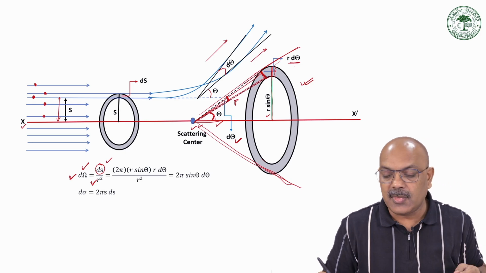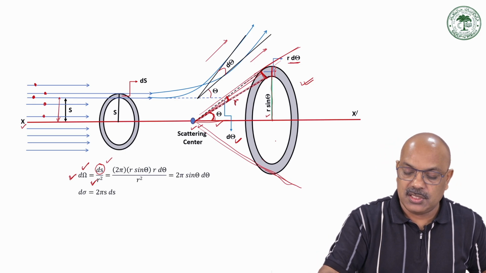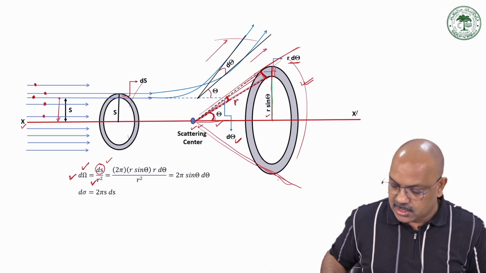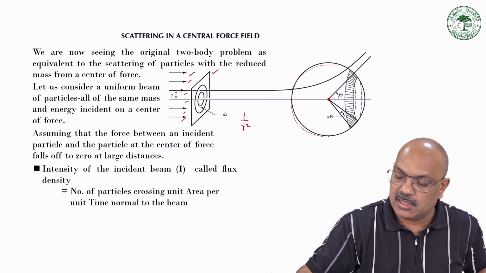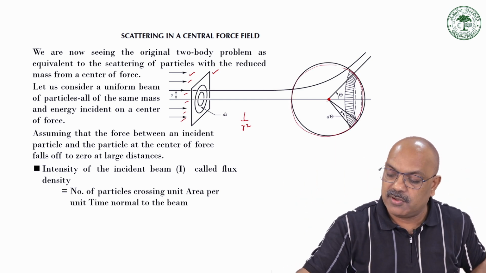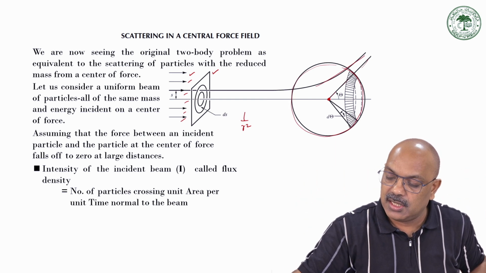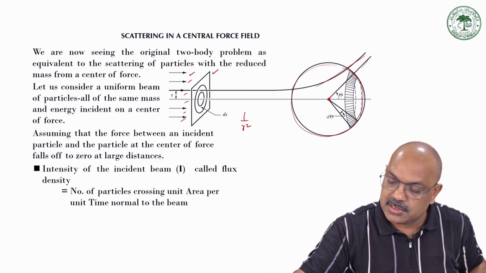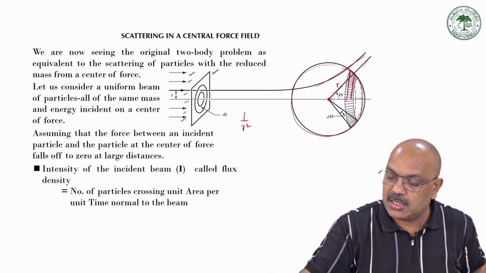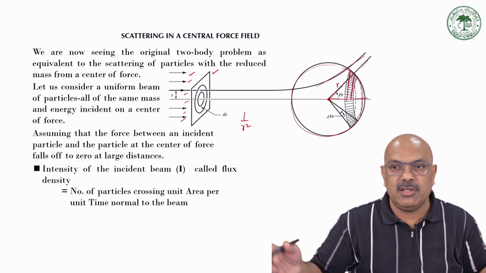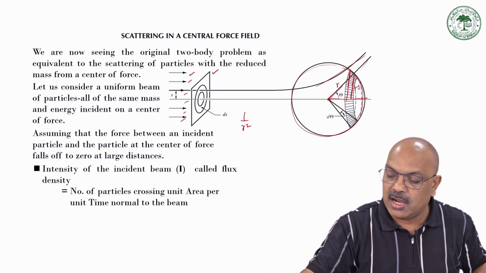Around the scattering center I have a sphere, and around the sphere these particles are being deflected. Whatever distance you consider, r is always the radius of the sphere, so this is going to be r sine of the scattering angle theta.